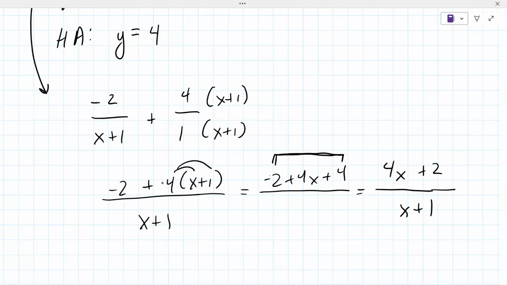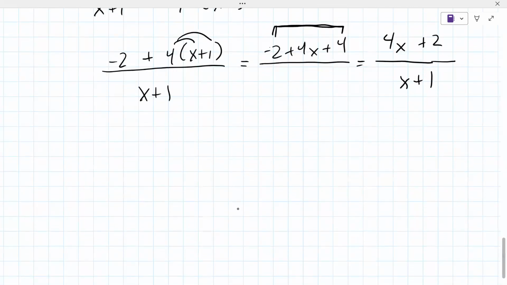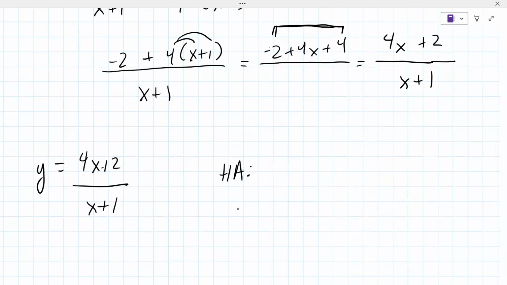I think after this, we'll work on some more problems like this. A lot of students are struggling with this when they first see it, and no shame. We're just going to work on that. So let's say it's y equals 4x plus 2 over x plus 1. Does this still have a horizontal asymptote of y equals 4? That's what you told me earlier. What do you say?